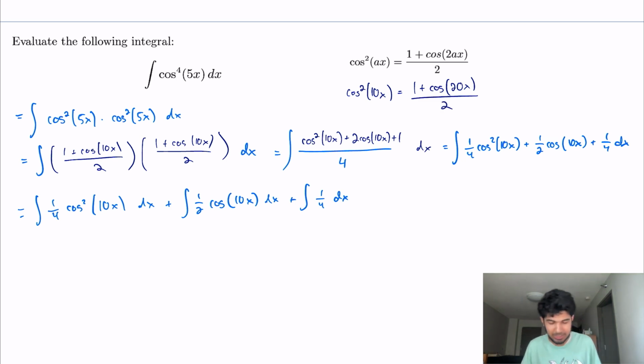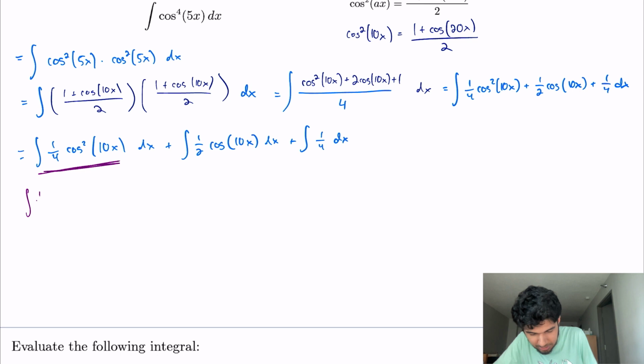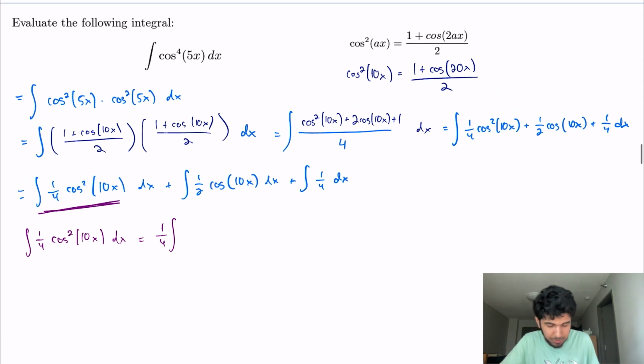And we can substitute that in. Let's only solve this integral, and then we'll come back to the other two later. So the integral of 1/4 cosine squared of 10x dx is equal to, I'll bring out the 1/4, and then we're left with the integral of (1 plus cosine of 20x) divided by 2 dx.